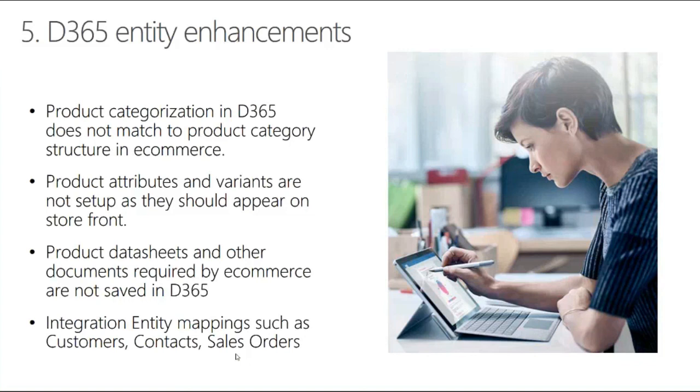The changes made to these entities in Dynamics were not communicated to the e-commerce person, to make sure that we are capturing that additional data or that those fields are mapped to the appropriate fields in Dynamics.